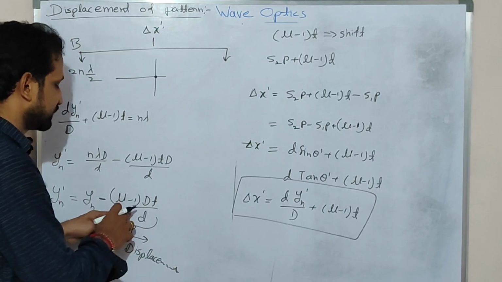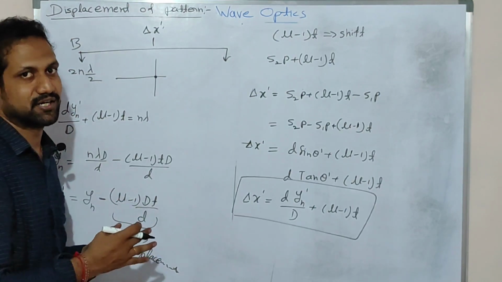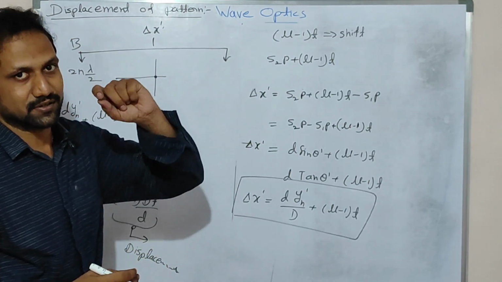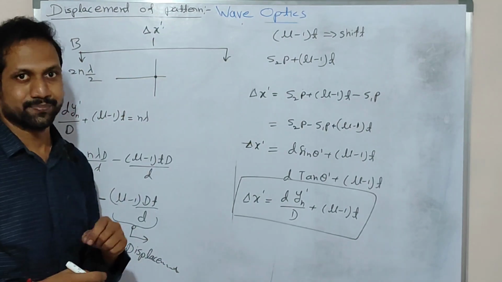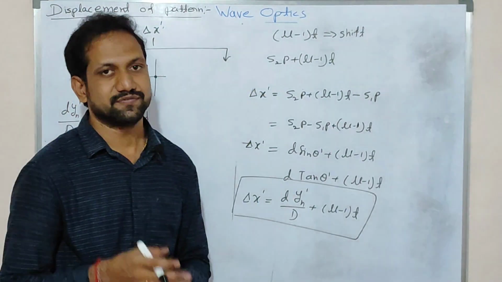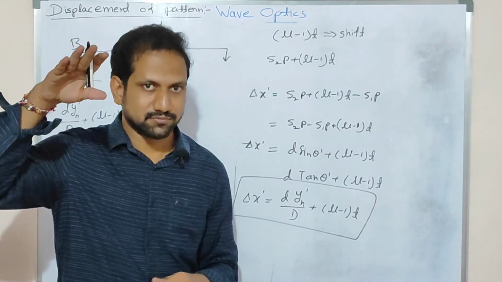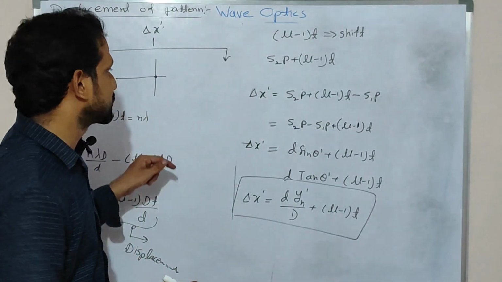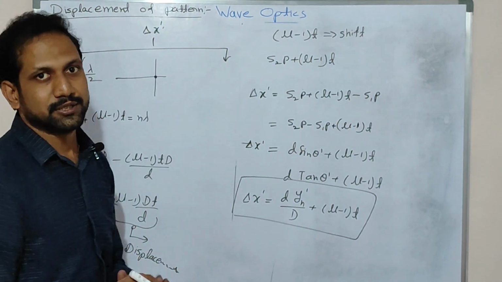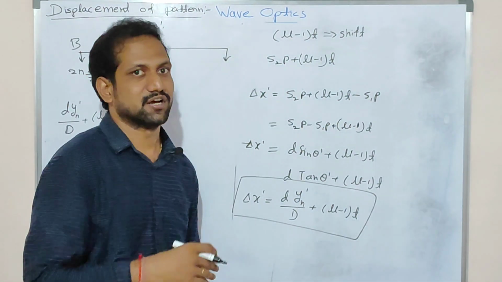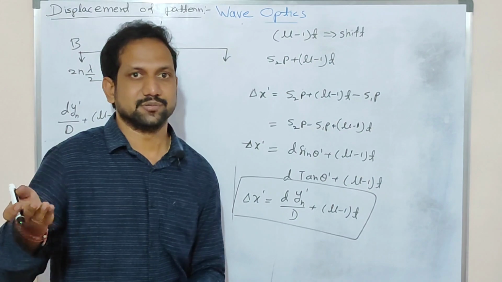The displacement will be in the direction in which the film is introduced. For example, if the film is introduced in between S2 and P, it will come downward, because we consider S2 to be below the line. If a film is introduced in between S1 and P, then the shift will be upward.